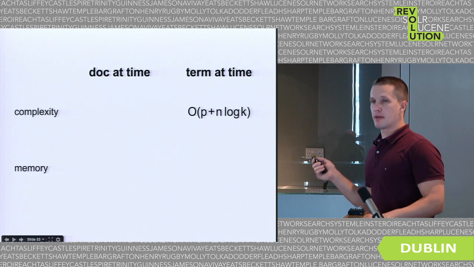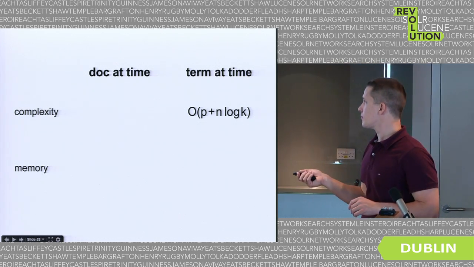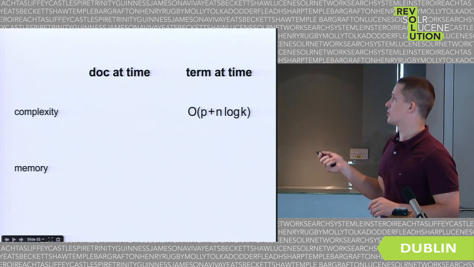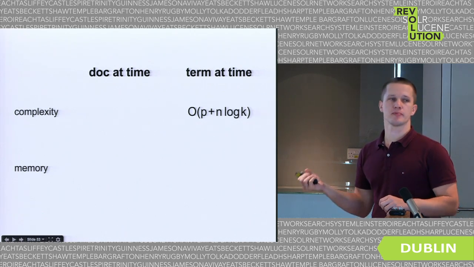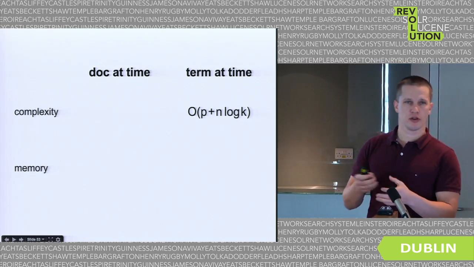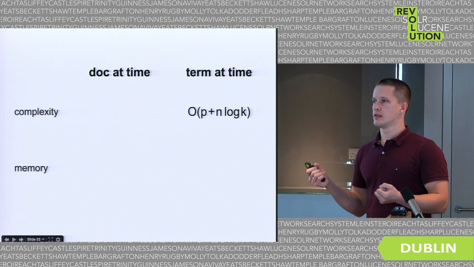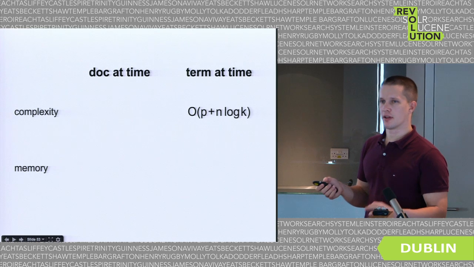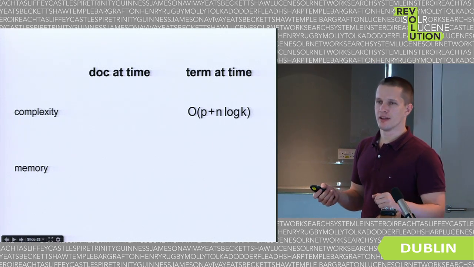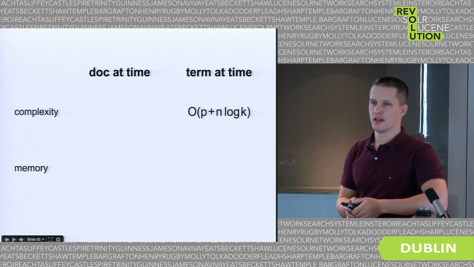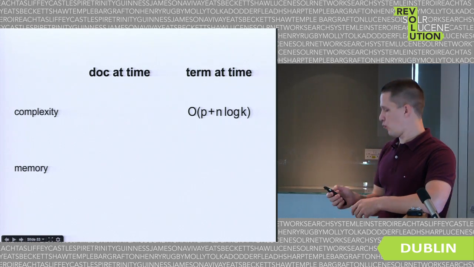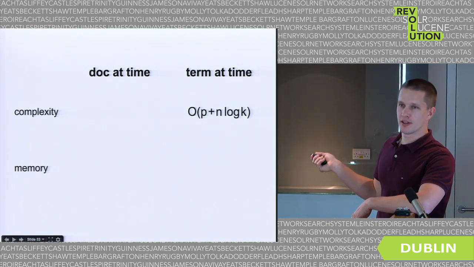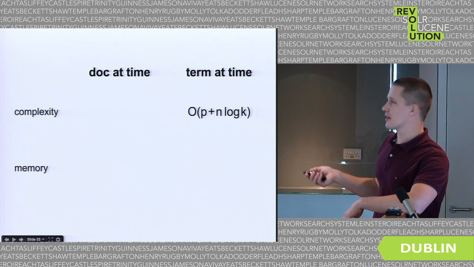Let's estimate the memory consumption. What can you tell about document-at-a-time search, how much memory does it consume? One heap. And which heap? But what about this heap? Don't you need to keep it also in memory?